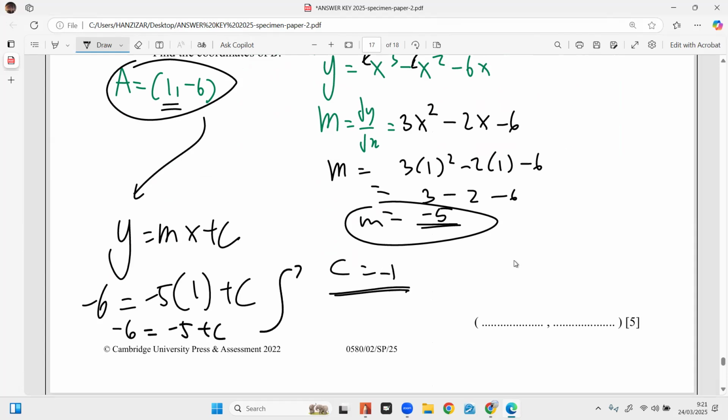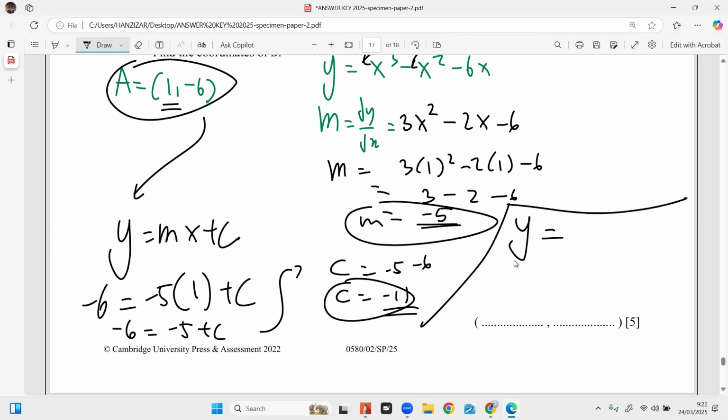Just -5 plus 6. Sorry, that's right, -5 minus 6, -11, guys. Sorry. c equals -11. So the equation of the line equals mx plus c, which equals -5x minus 11, right?